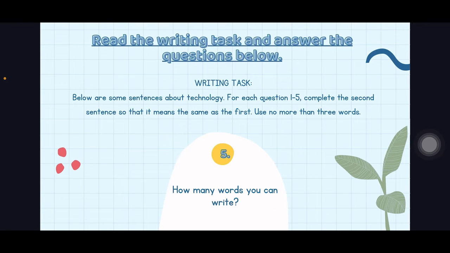And then the last question is, how many words can you write? You will do this task individually before we check answers as a class. You can refer back to the writing task in this slide, or you can refer to your Close-up textbook on page 118 to answer the questions given.